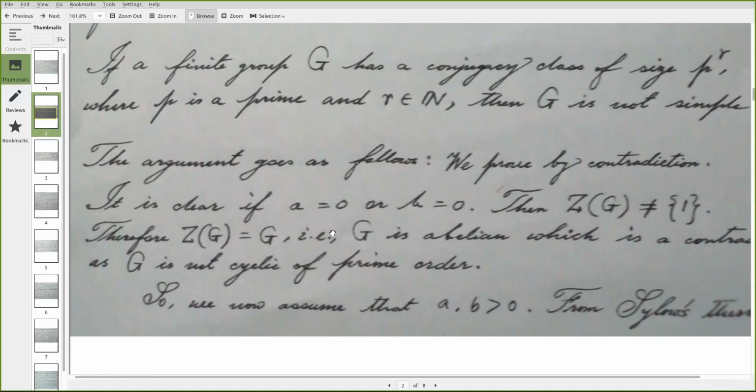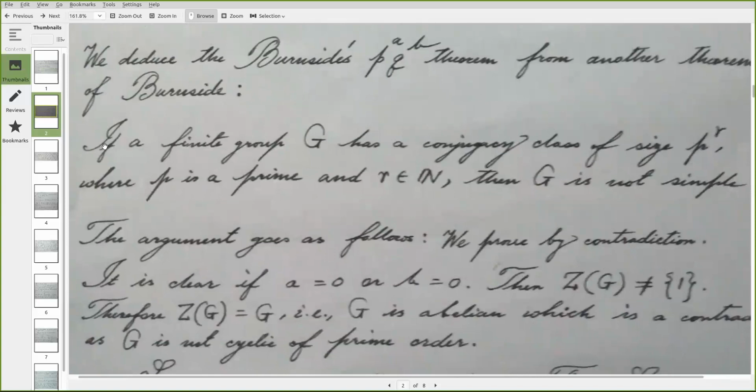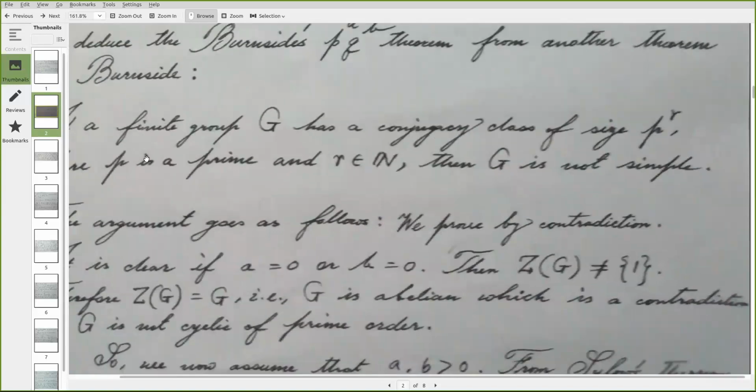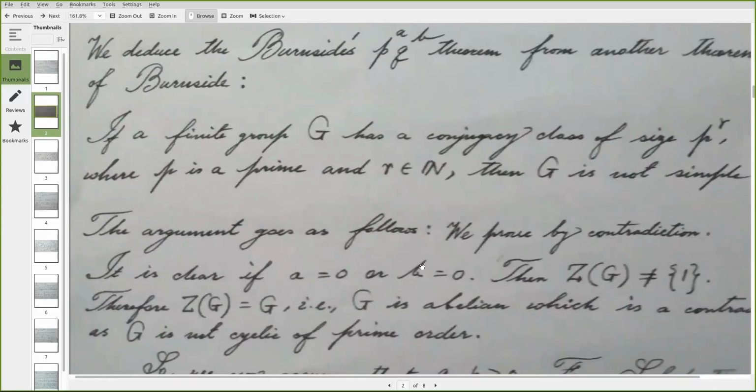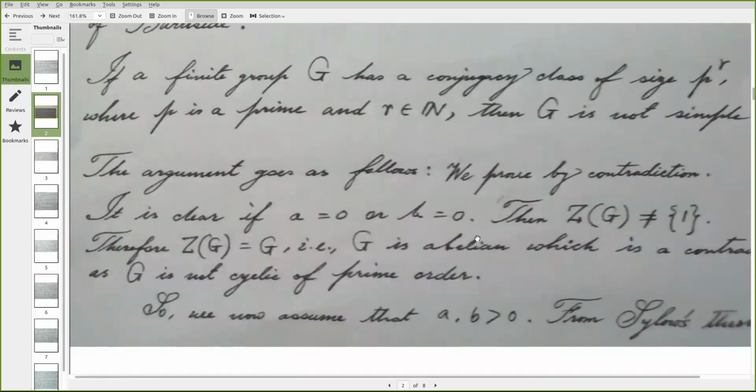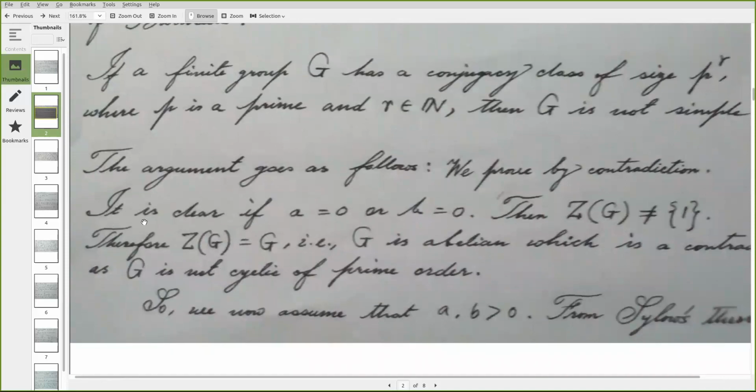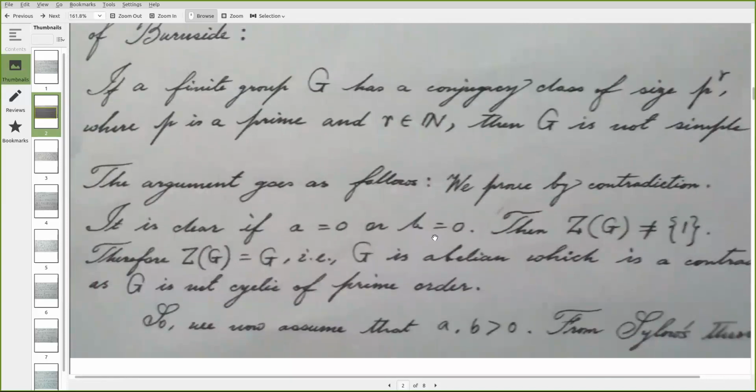I forgot to mention that we will prove Burnside's theorem from this by contradiction. So now we will assume that G is simple.